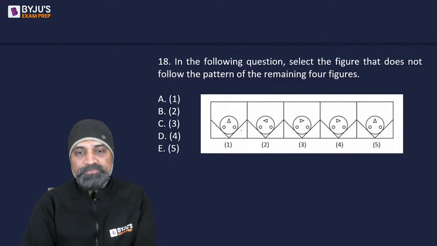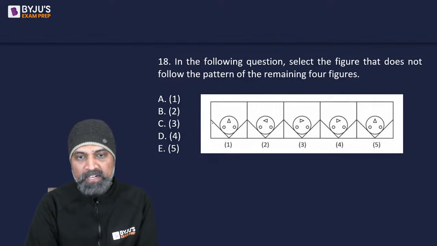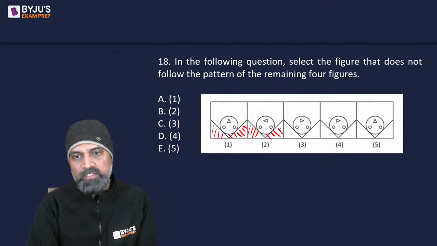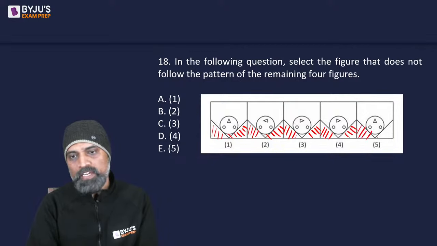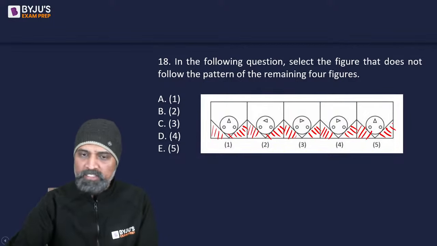Not an easy one. If you look at the triangular part, it's the same throughout, right? In all of these. This is not changing. It's not rotating. Nothing is happening here. So we can completely ignore the triangular part at the bottom.